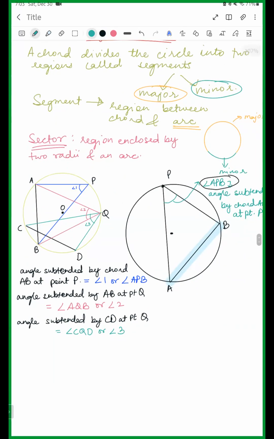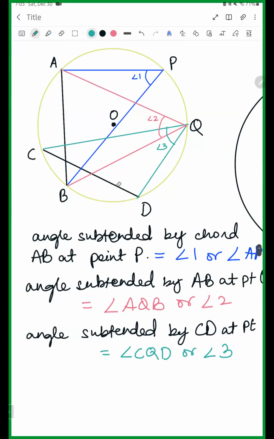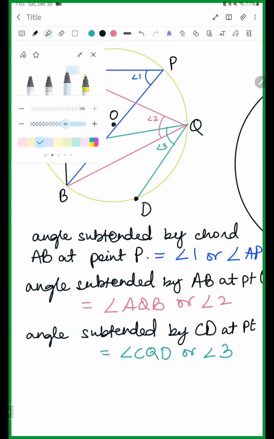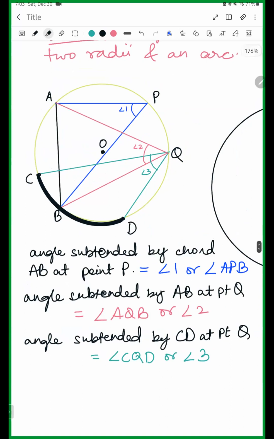Acha, by the way, one tiny thing. If I remove the chord over here, we are left with the arc CD. You can see the arc CD, this arc over here. So instead of angle subtended by chord CD, if I say angle subtended by arc CD, it is the same thing.